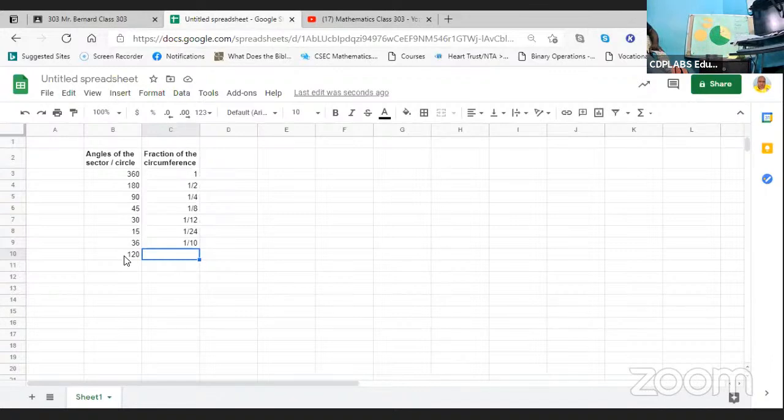What fraction is it? Anybody? Does anybody have the answer?